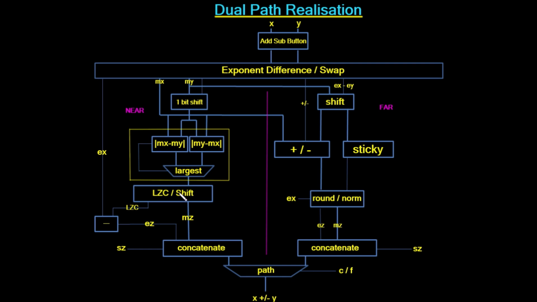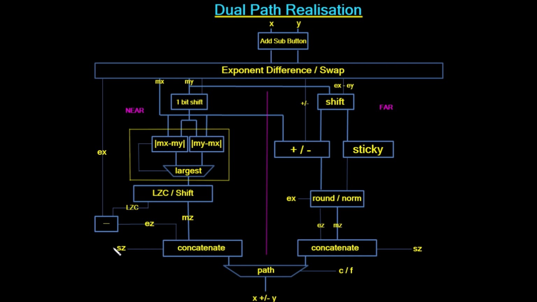We then do the leading zero count and the shift. Now the leading zero count value will also be passed on to the exponent, so the exponent will decrease by this leading zero count, and it will give us the final exponent value here. And after this leading zero count and shift, the mantissa will then be passed out, and then we join the three together, that is, we concatenate them.